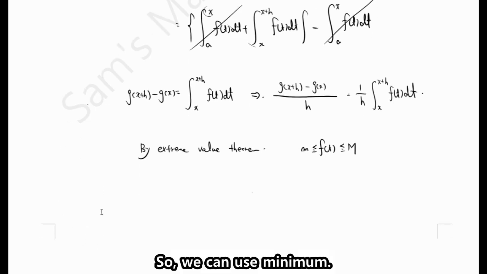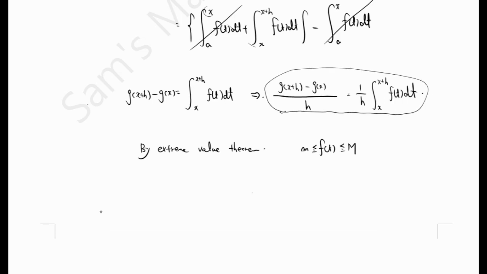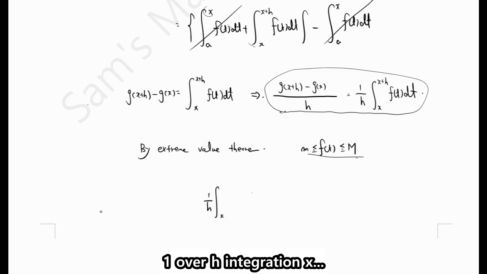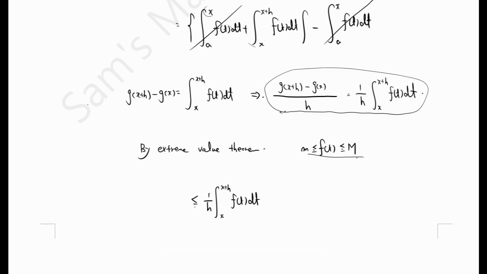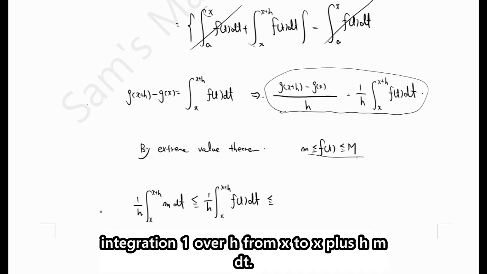So we have this inequality, and from it we take the limit as h approaches 0 on both sides. The inequality is: m, the minimum, is at most 1 over h times the integral from x to x plus h of f(t) dt, which is at most M, the maximum.